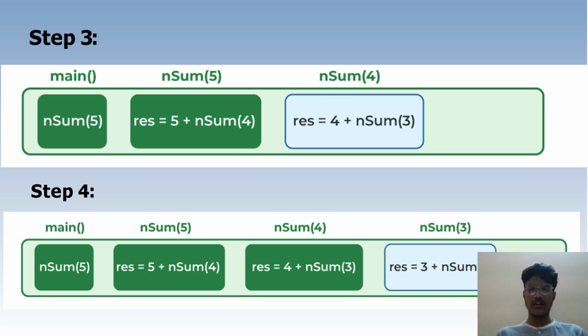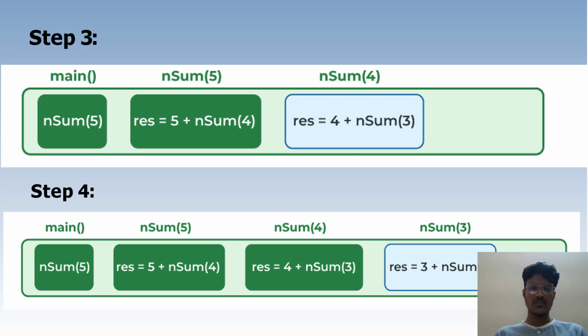These steps continue up to nsum of 1. In step 3, the main function is as it is, nsum 5 is equal to 5 plus nsum of 4, and this third step has a new part, that is nsum of 4, or recursion, equal to 4 plus nsum of 3.